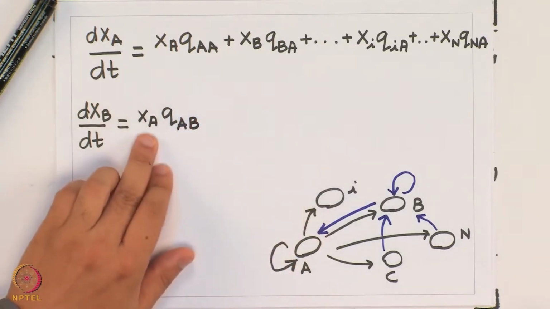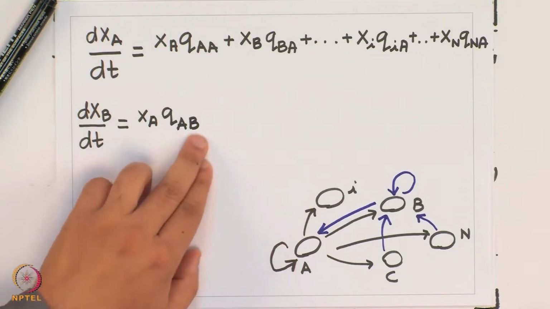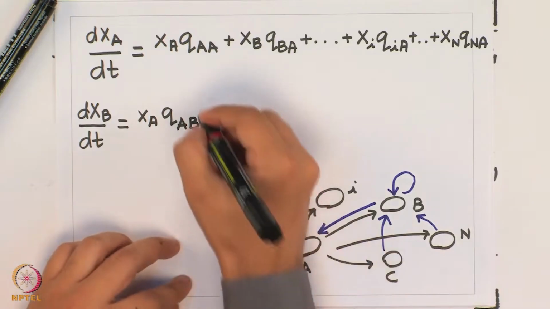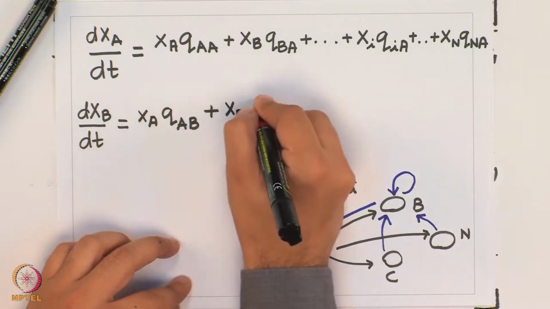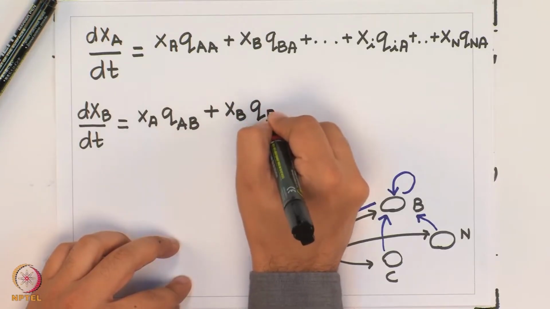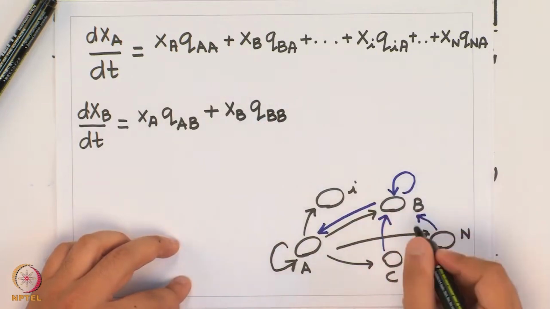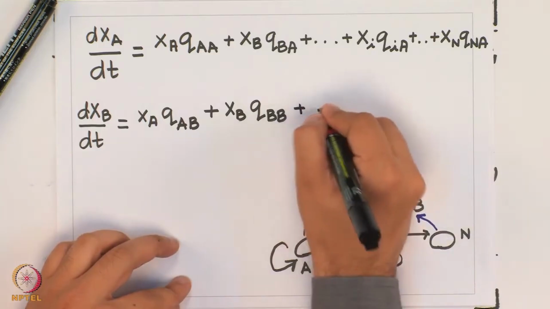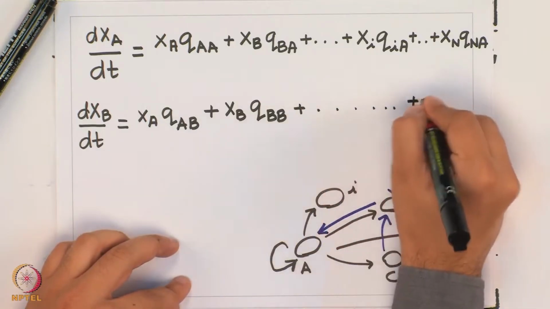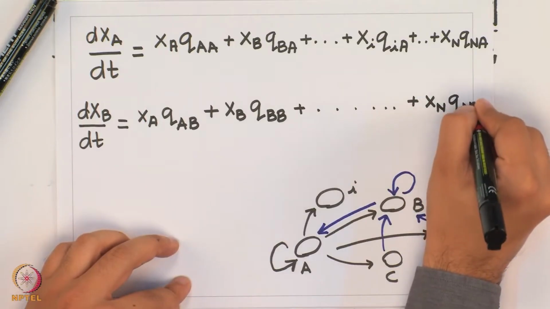That is the frequency of genotype A times the probability that when A divides, the progeny belongs to genotype B, plus XB times QBB. This represents this arrow where B divides and the progeny also belongs to genotype B, and again going all the way up to XN times QNB.